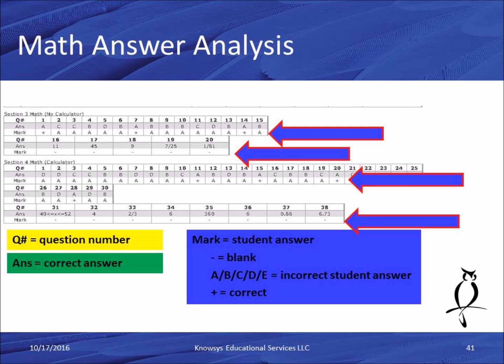If there is a letter answer, A, B, C, D, or E, that is the answer that you put that is incorrect. And if there's a plus, that means you got it correct. If you take a look at my sample here, my student missed number 2. The correct answer was C, the student bubbled A. If you take a look at number 16, the correct answer is 11, and my student didn't put anything in. Your answers may be different, it just depends on which version of the test we're looking at, but the way you read the report will be the same.